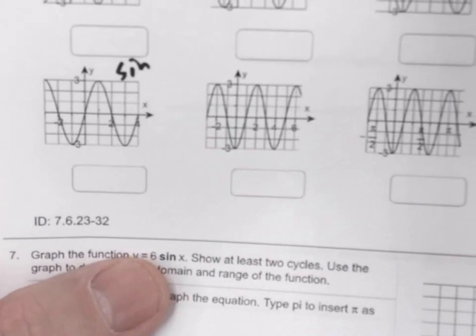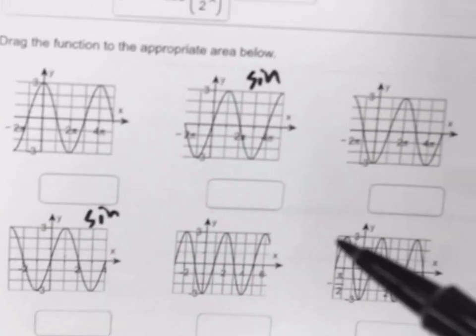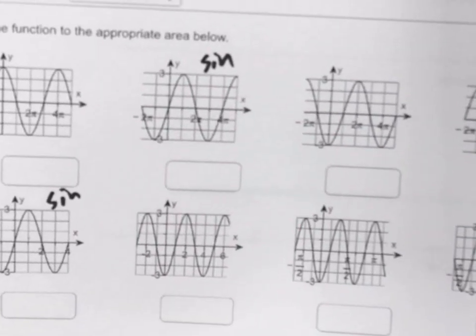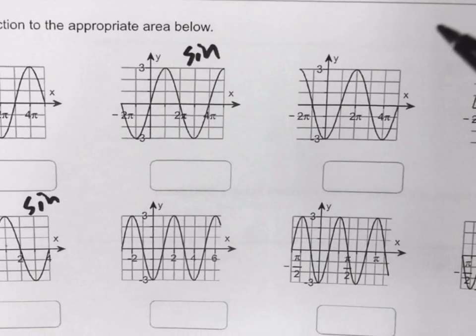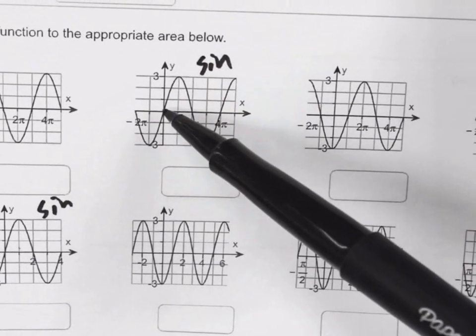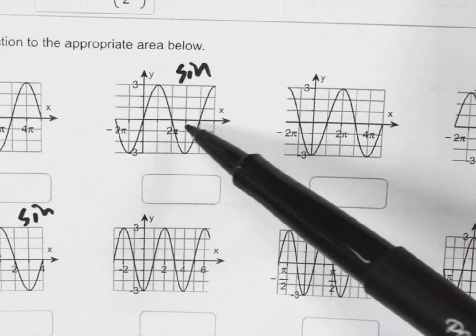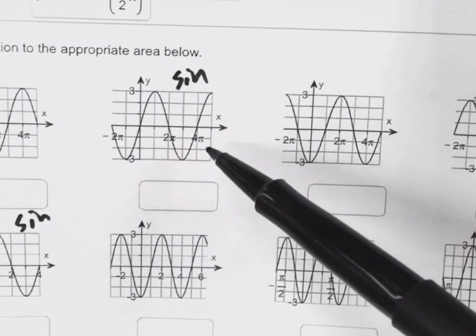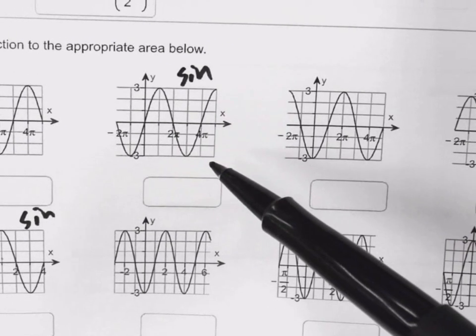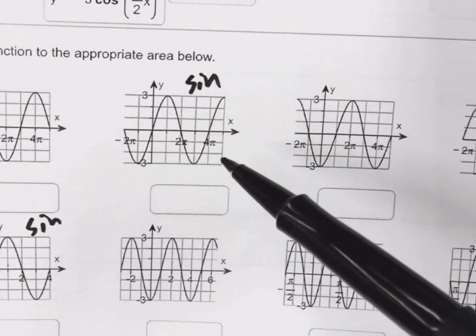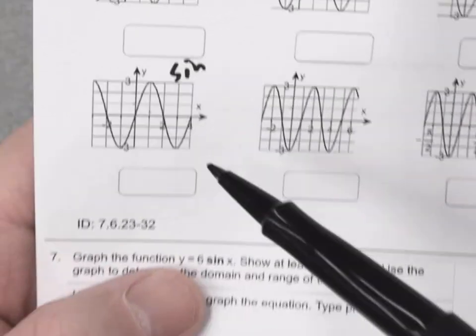So let's see. For this one, if it starts here and goes this far, that's 1 period. It's gone to 4 pi. That's not what I want. I just want 4, not 4 pi. So it's not that one.